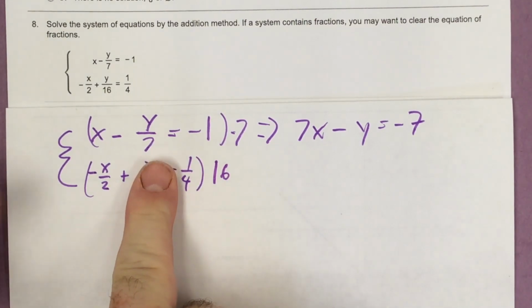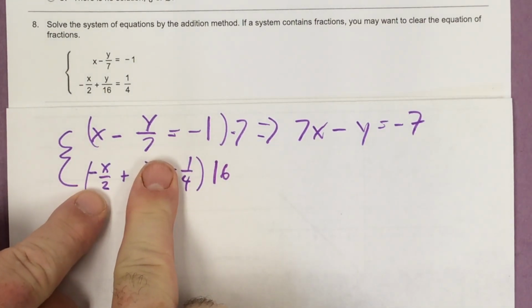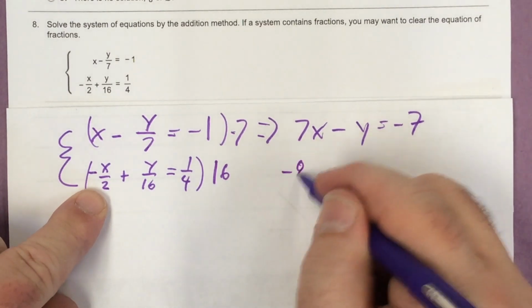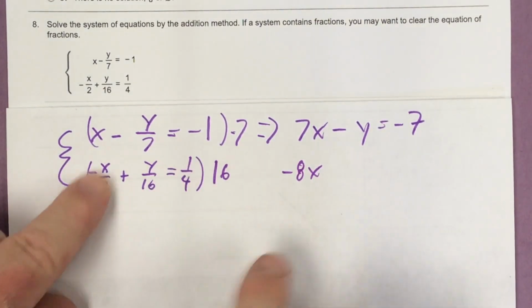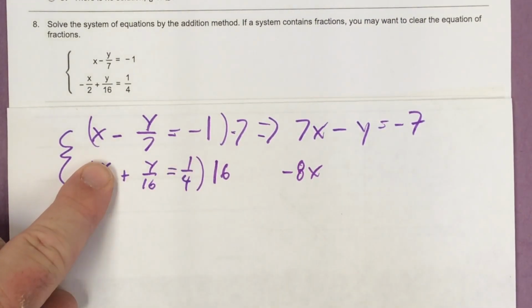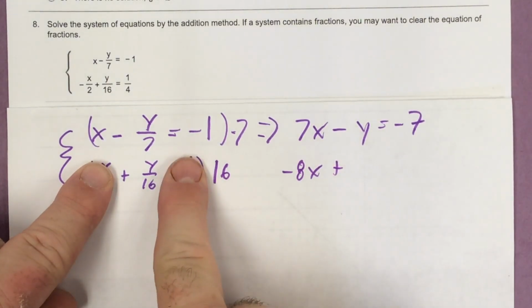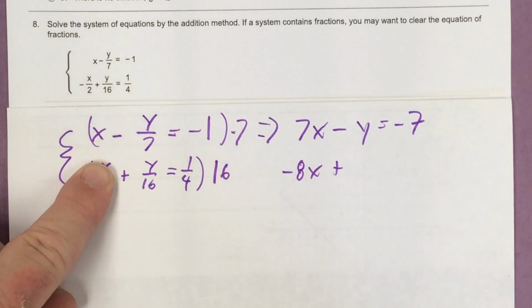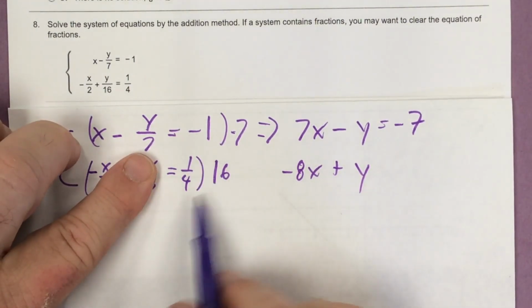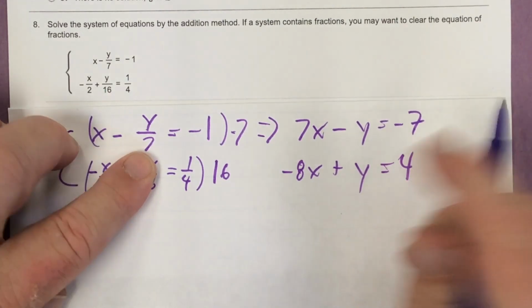If I have 16 divided by 2, that's going to be 8. So that's going to give me negative 8x. If I have plus y divided by 16, the 16 in the front and the 16 in the bottom cancel, giving me plus y. And then finally here, 1/4 of 16 is equal to 4.